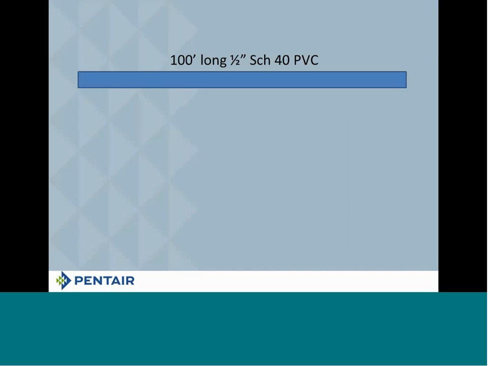Okay? So here's my 100-foot piece of pipe again, 1/2 inch schedule 40. I'm going to increase my flow now to 6.5 gallons a minute. So I'm going to put 6.5 in, and of course, I'm going to get 6.5 out.